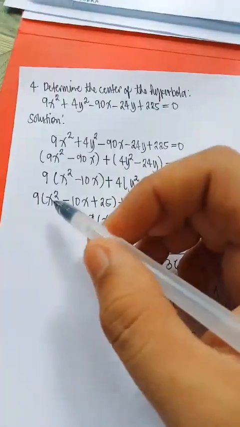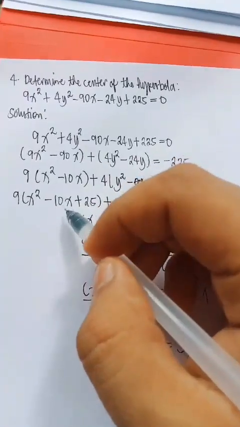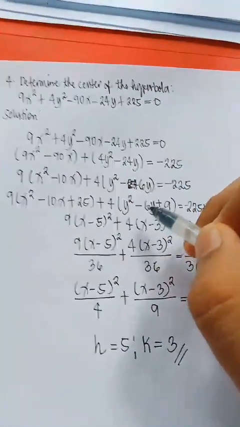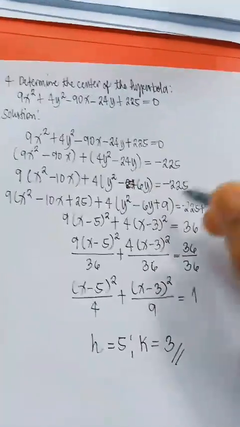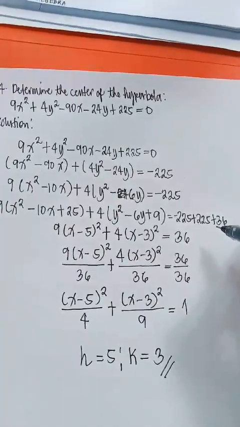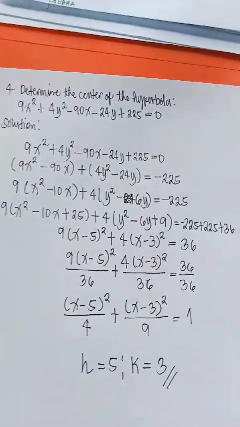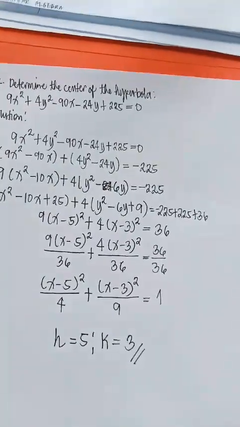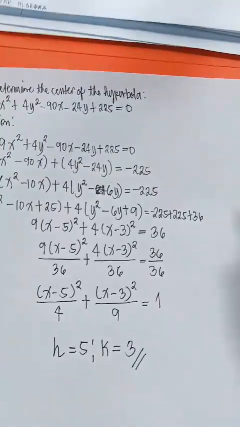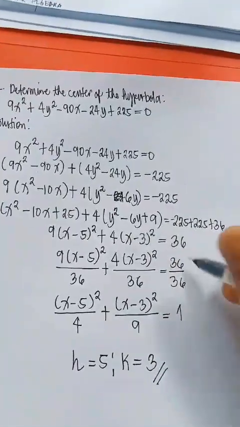Next is 9 times x squared minus 10x plus 25 plus 4 times y squared minus 6y plus 9 equals negative 225 plus 225 plus 36. So negative 225 plus 225 is 0. That is why we have here 36.